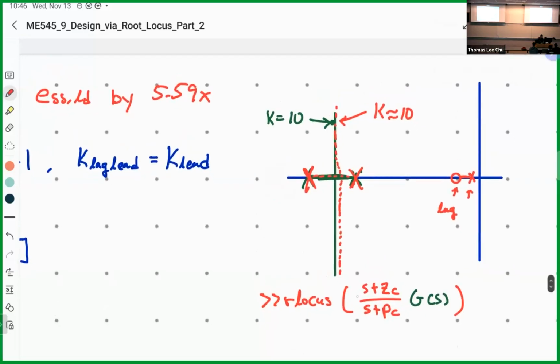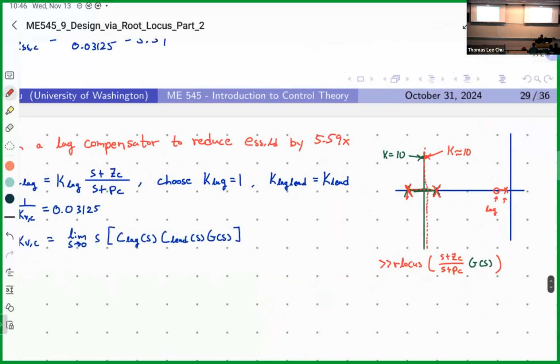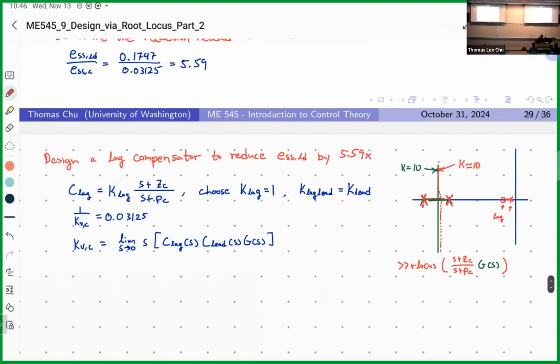And when I find the gain at this spot here, it's going to be roughly equal to 10 as well. So when I choose a gain for a lag compensator, I actually just choose unity because it doesn't change the root locus shape that much. So I just use the gains from the lead compensator design. I hope that answers your question.